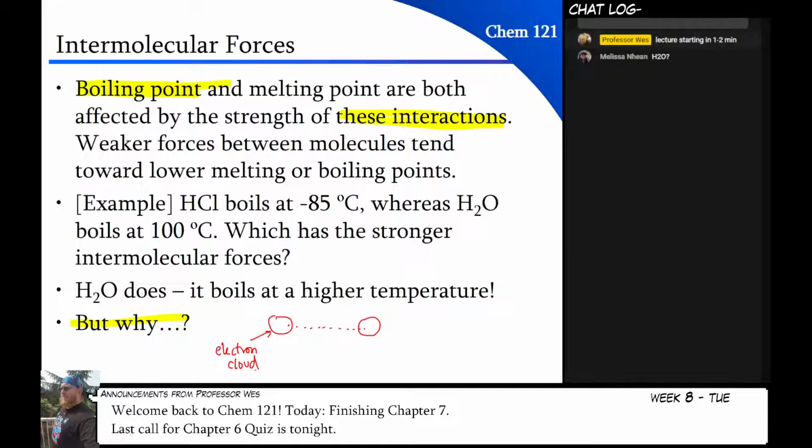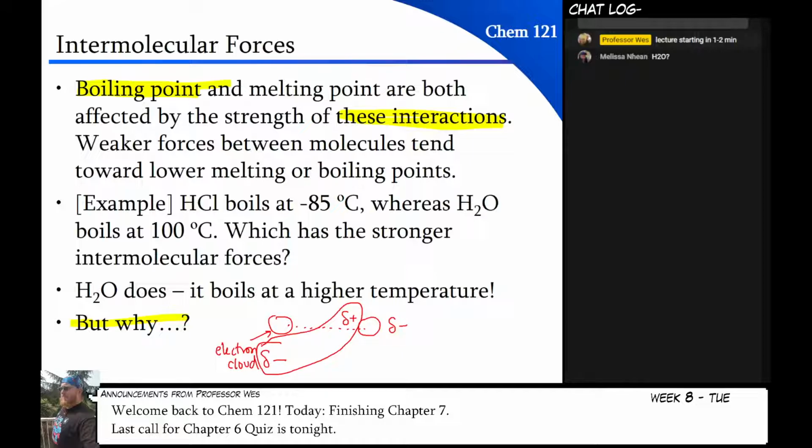And the electron cloud can have a charge that is either negative or partially negative. And if something can be partially negative on a molecule, then that must imply that there is a side that is more positive than that. And thus the attraction occurs between these opposite forces.